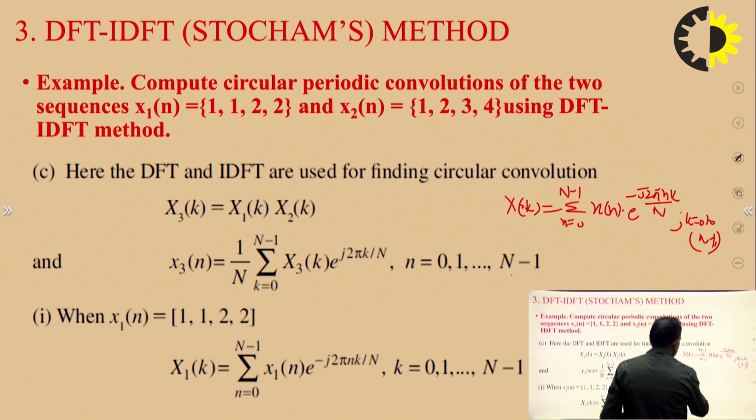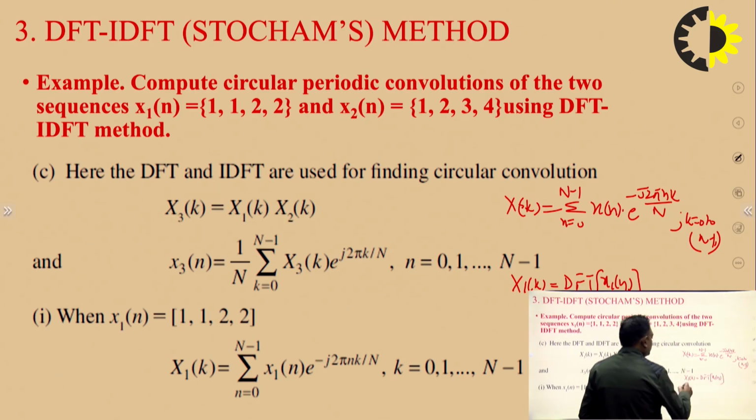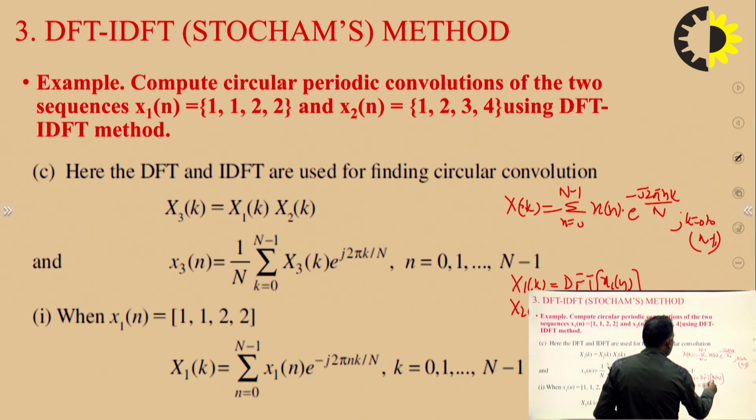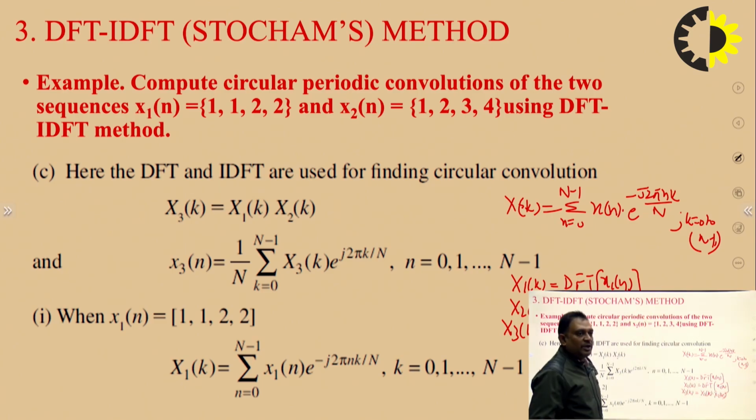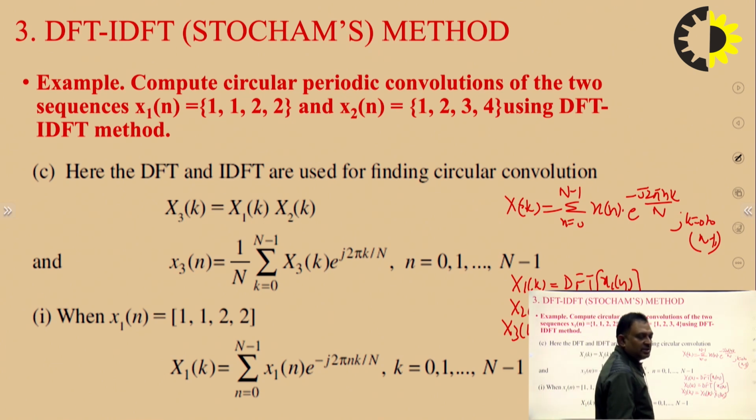First you get X1(k), which is nothing but the DFT of x1(n). Then you find X2(k), the DFT of x2(n). Then you calculate X3(k), which is X1(k) into X2(k), multiplying these two matrices element wise.